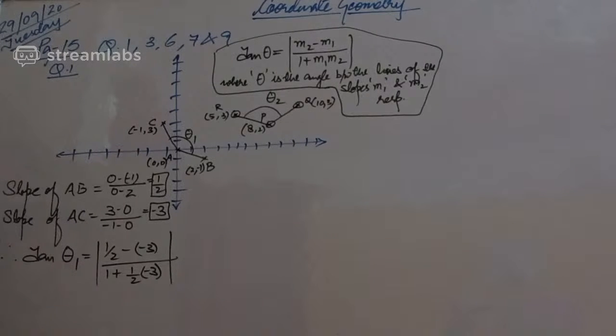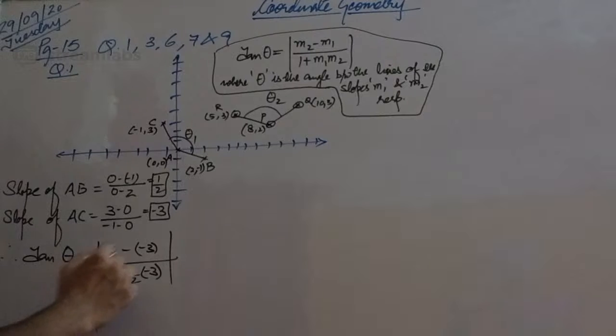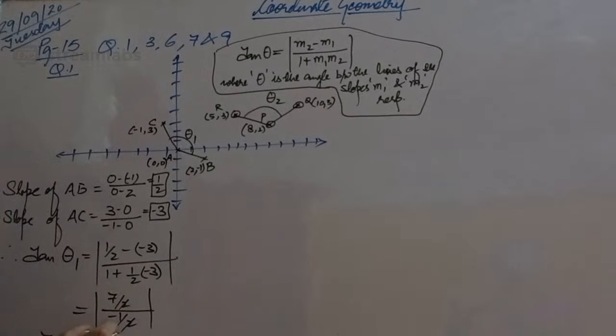Just simply substituted it in the formula, and when we simplify it, it will come 6 plus 1, 7 divided by 2, 1 divided by 2 minus 1 3 minus 1 divided by 2, the 2 getting cancelled, and tan theta 1 value you are getting is minus 7, or we can say 7. So this is the first equation. We have got it.